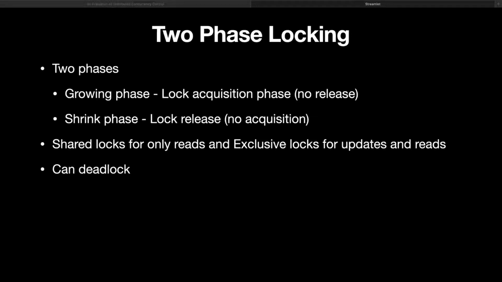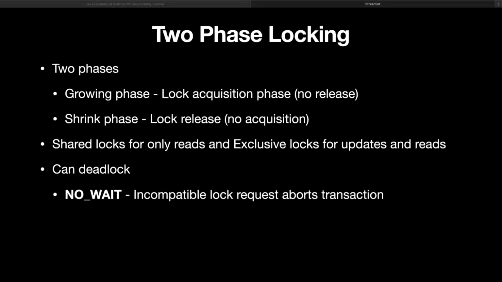First is the no-wait protocol, where an incompatible lock request aborts a transaction. So if the transaction is trying to get an exclusive lock on a record on which it has a shared lock, then that transaction would be aborted.